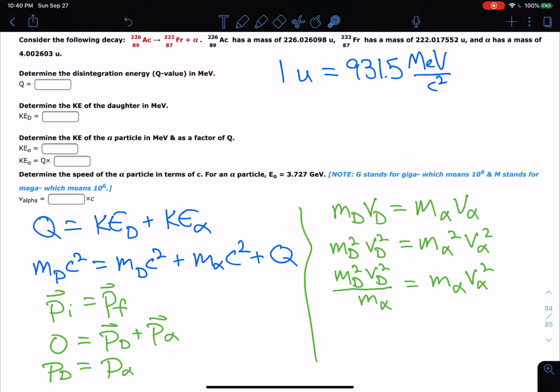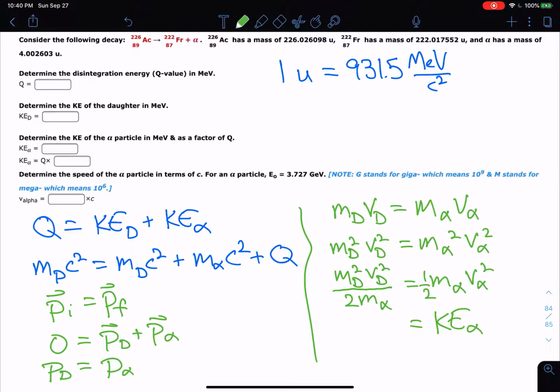Now hopefully you're starting to see what I'm doing. I only divided by one of these, I didn't divide by both. So one's over here, the other one's here, and I have m alpha v alpha squared. If I also multiply both sides by 1/2, this is the kinetic energy of the alpha particle.